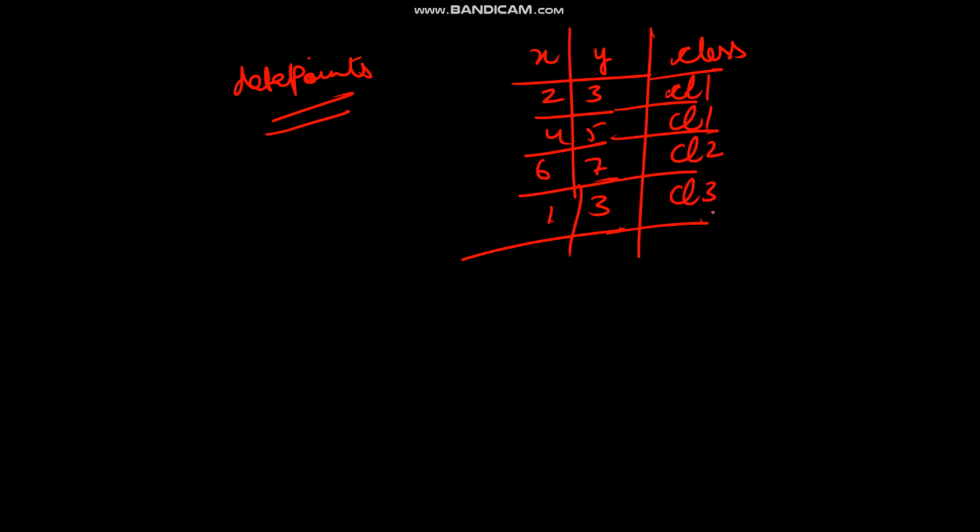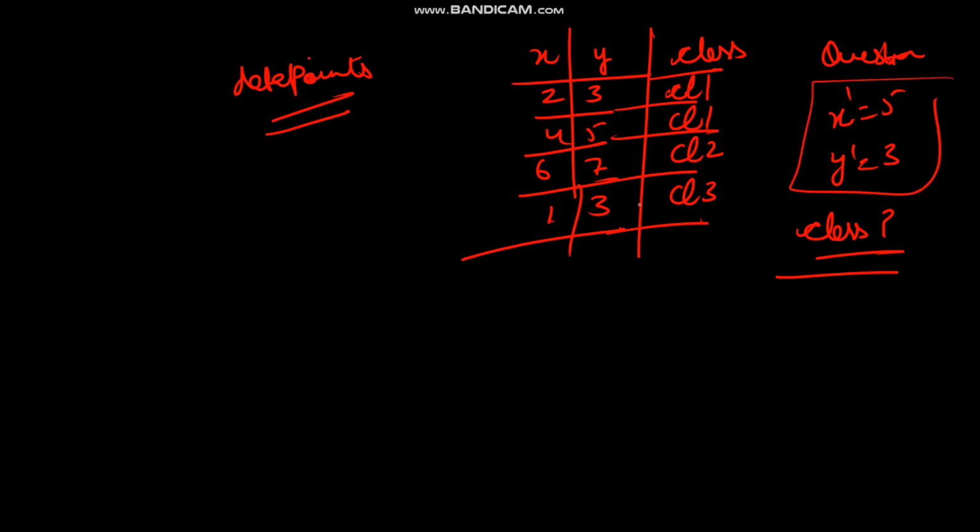So this is the input which is given, and now suppose we want to check a new value x dash that is coming. This is my query: x dash and y dash values are given, and we want to know what the class will be. So we have the data set, and now we want to check, if the x value is this and the y value is this, which class this belongs to.